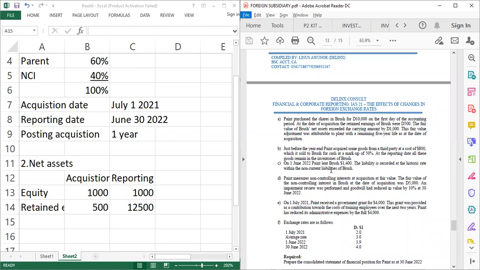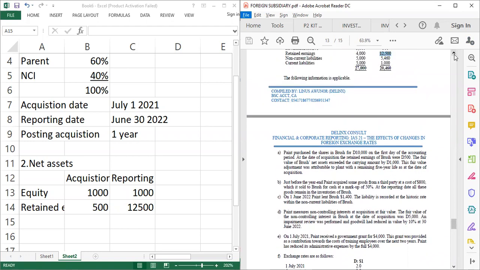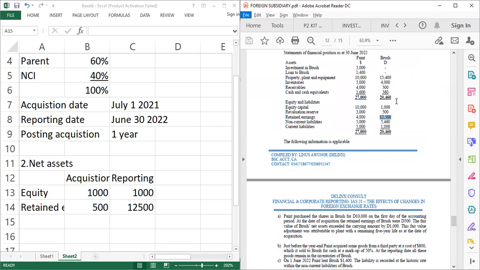Since they are not saying anything about the revaluation reserve at the beginning, we assume it is after the post-acquisition period. They have the revaluation reserve after their parent has acquired them. So they don't have any balance on the revaluation reserve at the time their parent is buying them, because they didn't say anything about it. So you assume that is after acquisition. So there is no revaluation reserve on the account at acquisition.